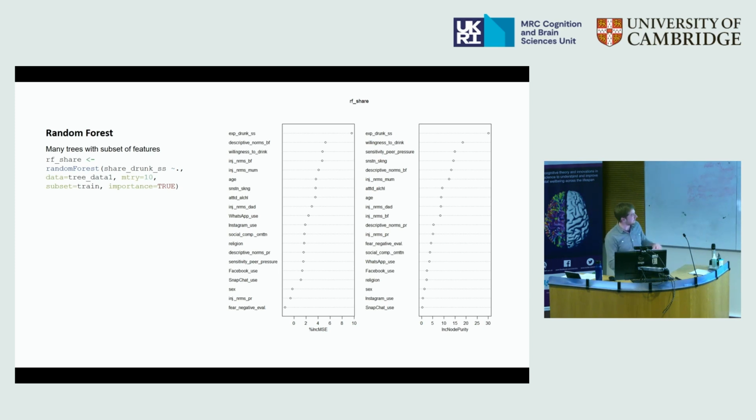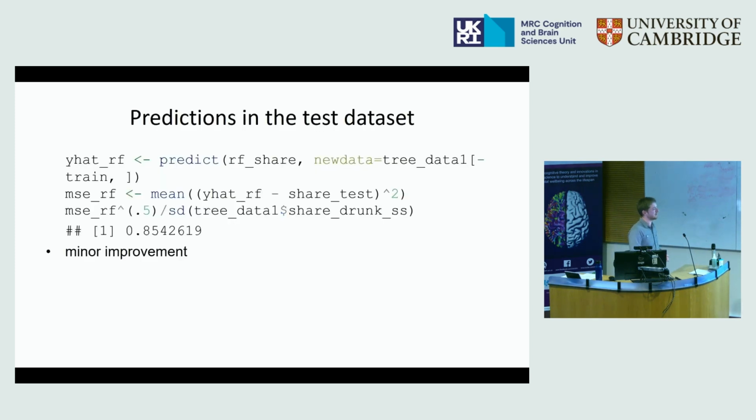So again, we can test this by making predictions, and we see it hasn't really changed so much with the random forest. So although it's way more computationally heavy and a bit more difficult to interpret, it doesn't defeat the standard pruning approach by a lot.